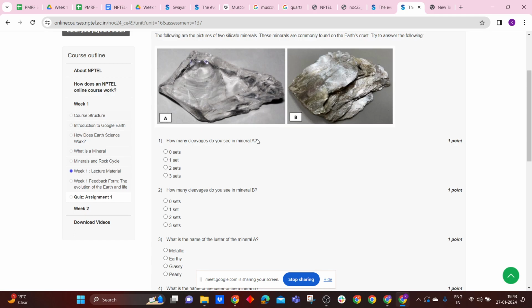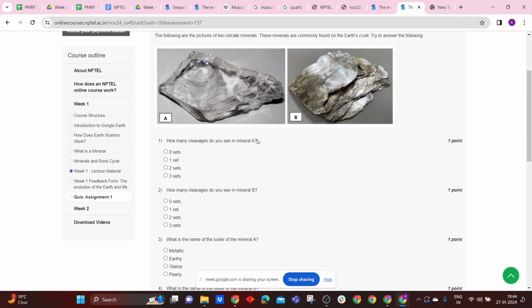You can see the original hand specimen and then examine all 3 sets of cleavage and convey that there are 3 sets of cleavages for calcite. But by looking at the picture, you cannot tell how many sets of cleavage it has, right? It may have some hidden sets of cleavage which are not visible in the section we are seeing.